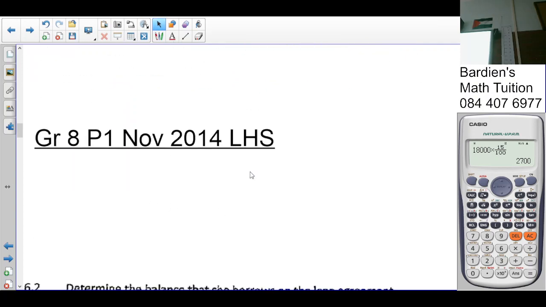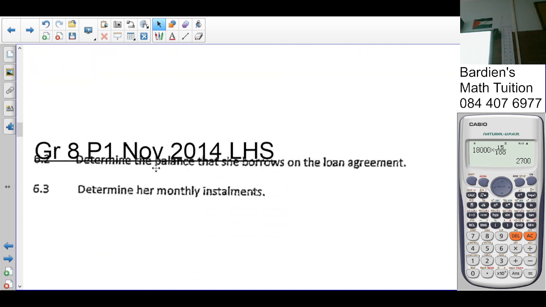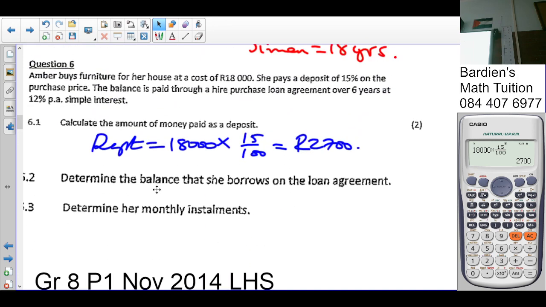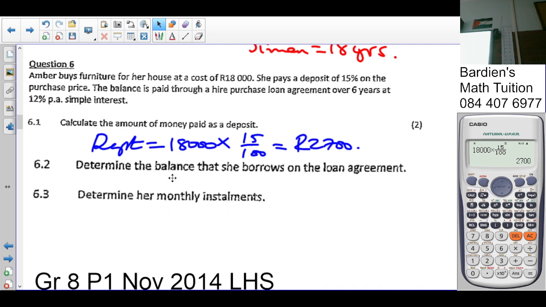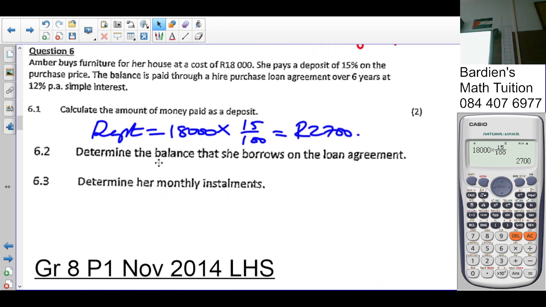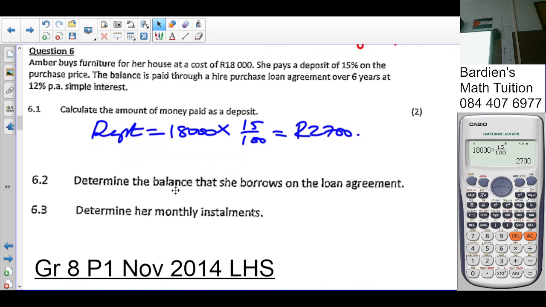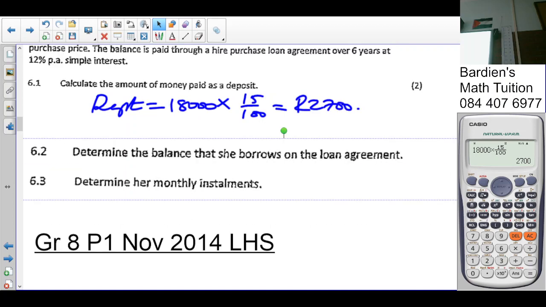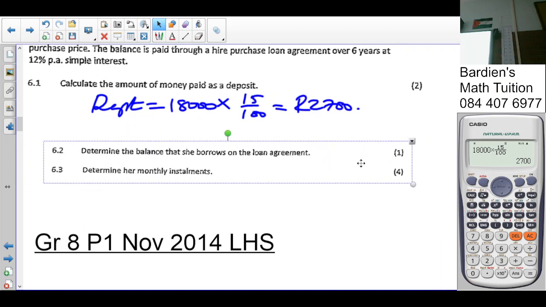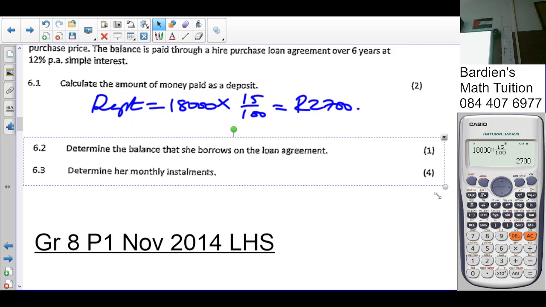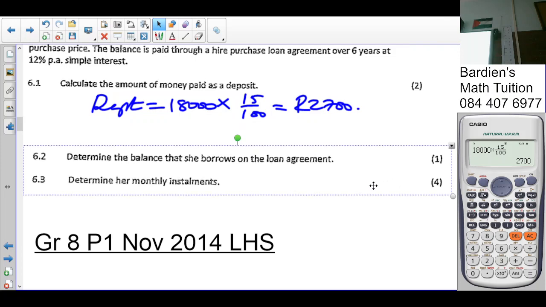Then the question says, determine the balance that she borrows on the loan agreement. So what happens is, if somebody pays a deposit, then the amount of the loan required is going to definitely be smaller. Not so?